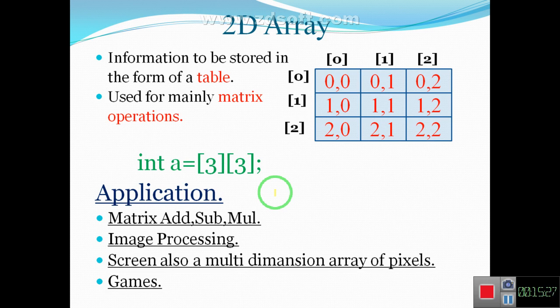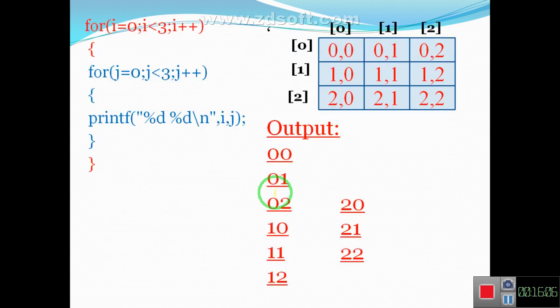Whatever we are using, the television screen or monitor, your laptop or desktop, whatever it may be, in all the displays, the screen, image or video is made up with the help of pixels, that is, dots. A number of dots combined make an image or video, so there also a two-dimensional array is used for image processing. In games also we are using the two-dimensional array.